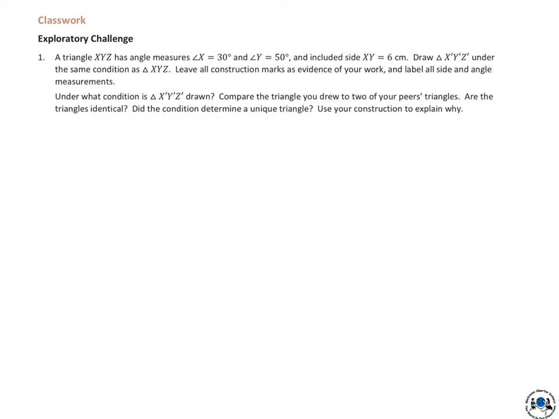So we're going to do 2 different things. One is 2 angles with the included side, and then 2 angles and a side opposite a given angle. All right, let's get going.